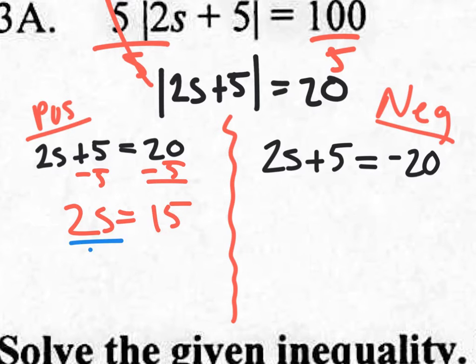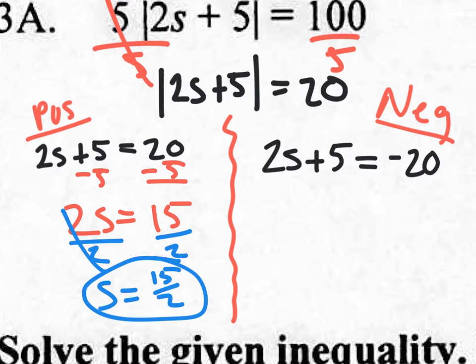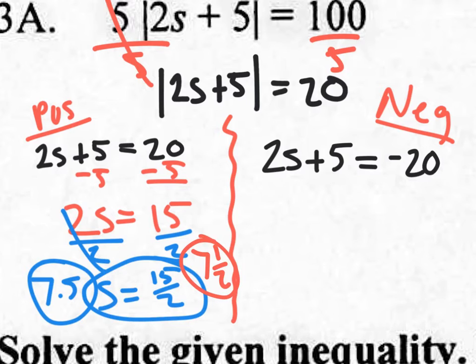And then you're going to divide by 2, s equals 7.5, which is 15 over 2. I'm going to go with 7.5. And the truth is, I don't remember exactly how they set it up on the final exam, as a decimal or as an improper fraction or maybe even as a mixed fraction. But you need to be able to identify the correct answer on the multiple choice.